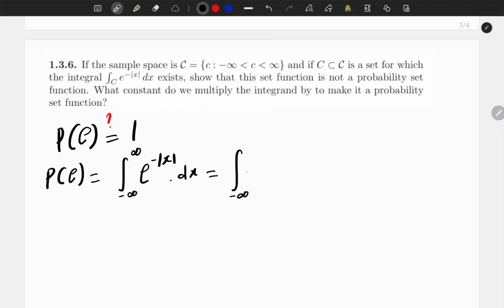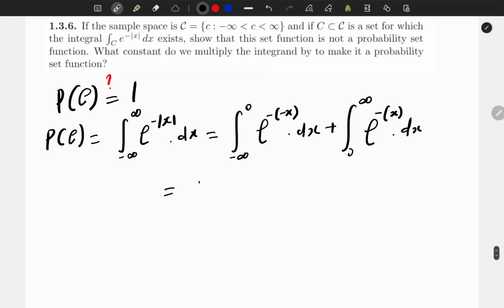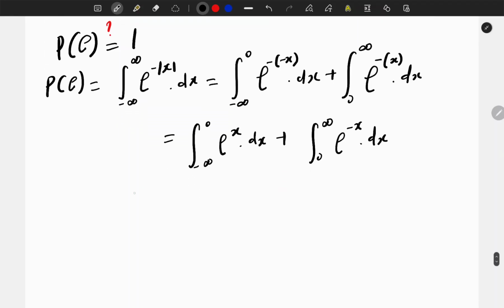From minus infinity to 0, x is negative, so mod x will be minus x, plus from 0 to infinity, where mod x will be x. If we simplify this, we have the integral from minus infinity to 0 of exponential x dx plus the integral from 0 to infinity of exponential minus x dx.